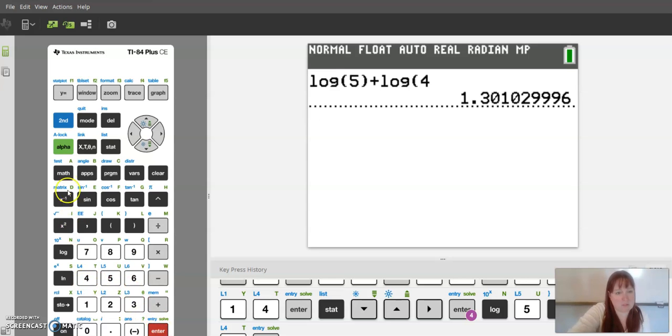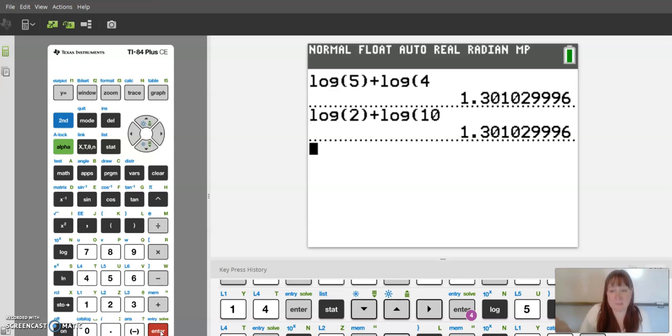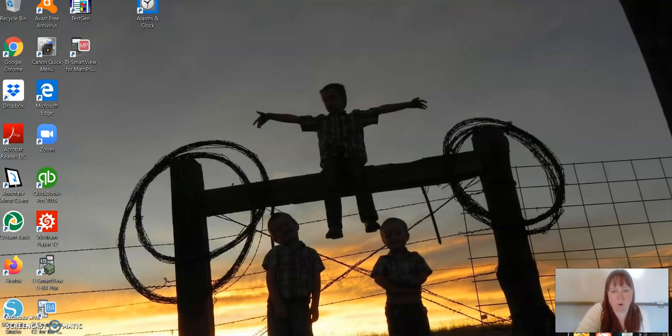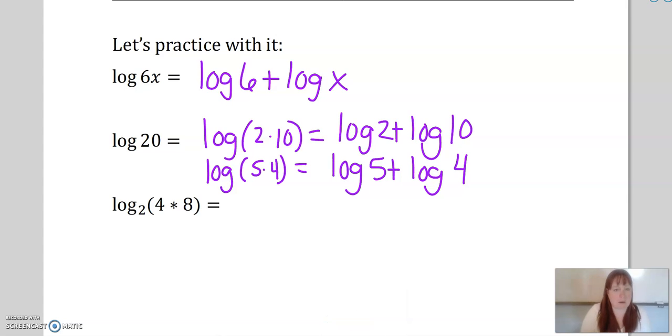That's what that equals. And now let's do log of 2 plus log of 10. And look, they came out to the same thing. So they actually equal the same thing, which is really cool, right? Okay. So that would be log of 20.